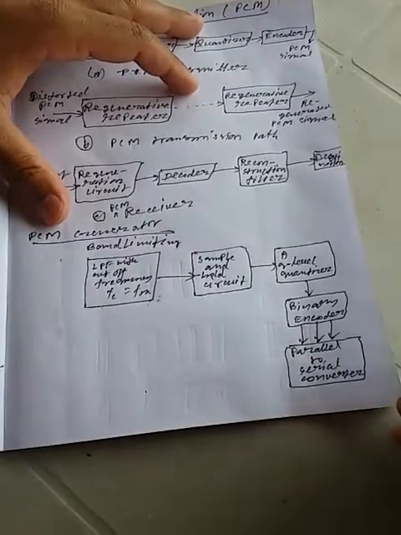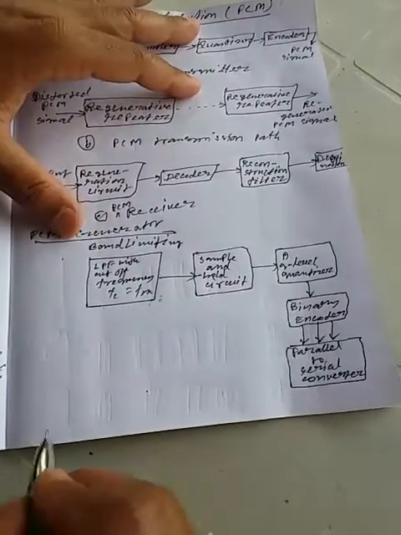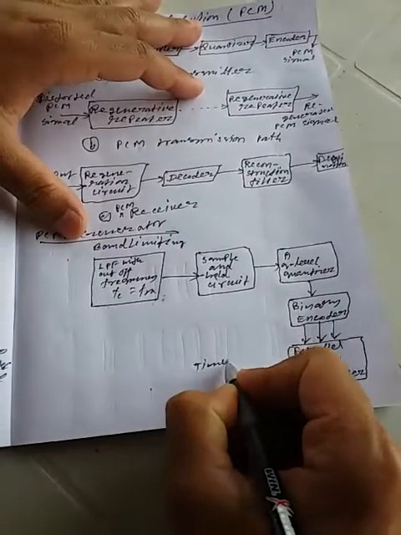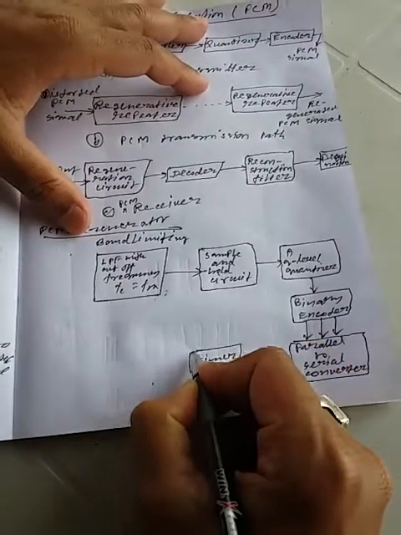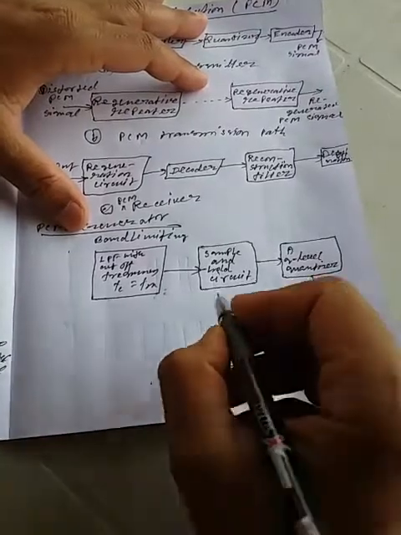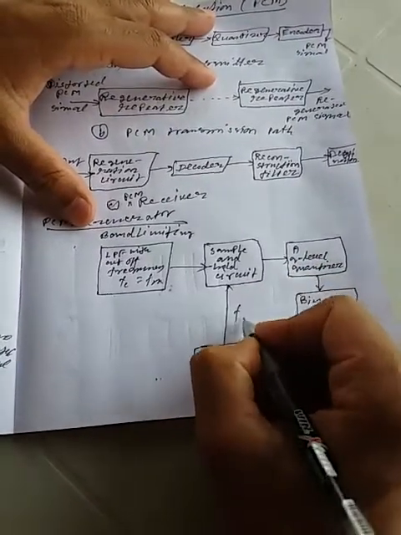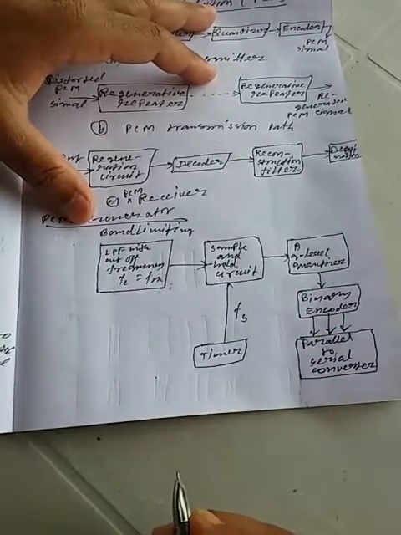Okay, here is a timer circuit. The timer circuit generates the sampling frequency Fs.